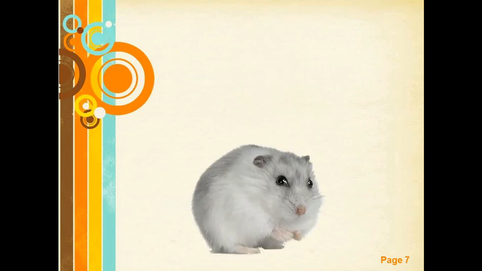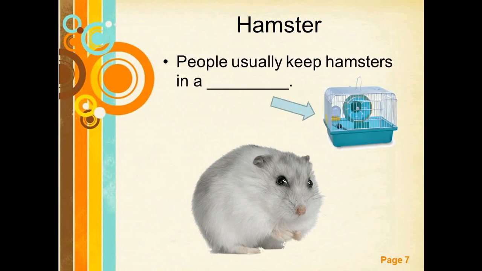Now look at this little cute guy. What is he? This is a hamster. A hamster. So this small little bundle of fur is a hamster. So where does the hamster live? Well, we don't have many hamsters in the wild nowadays, so people keep them as pets.